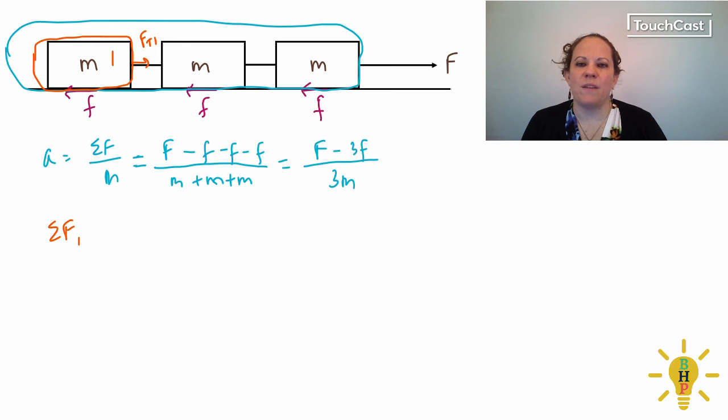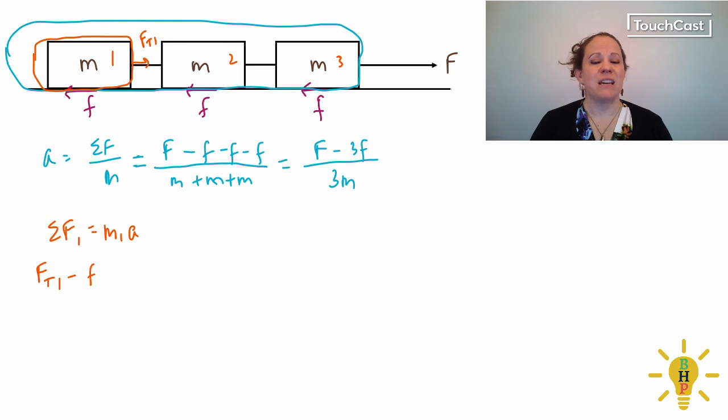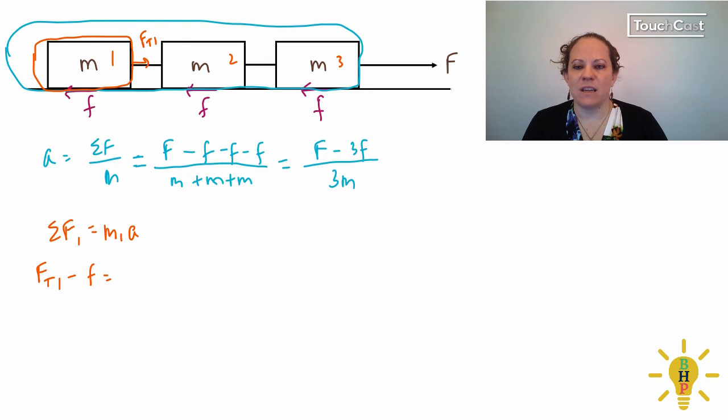We numbered this one 1, this one was 2, this one was 3, by the way. So we'll do tension 1 minus friction, again, no vertical acceleration, only horizontal, equals its mass multiplied by the acceleration we found before.